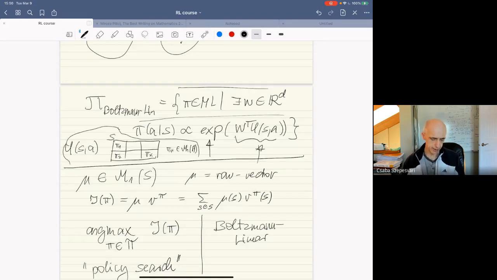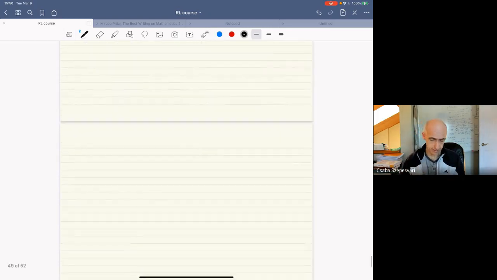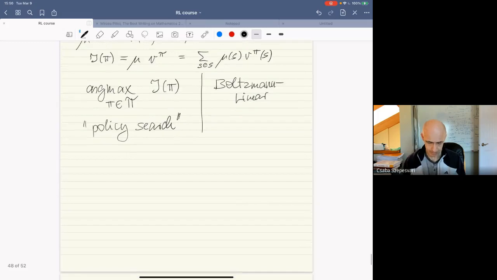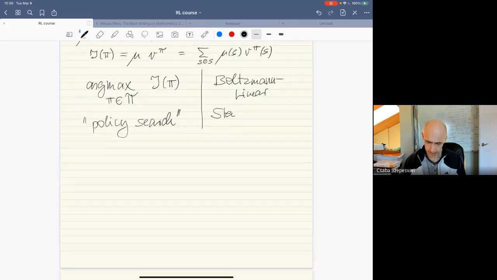Just to make this a little bit more specific, let's say we are sticking to this state aggregation Boltzmann linear. So we saw that, wow, did you see that? State aggregation is really beautiful, right? So if you do value function approximations, pretty much everything is going to work.